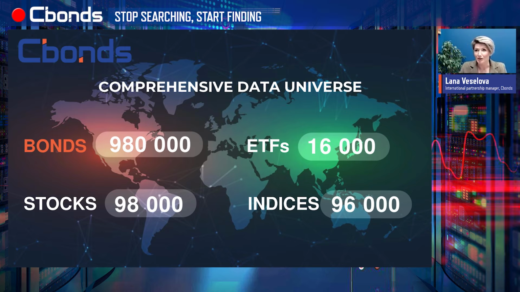This is our key business, and of course today we'll cover bond screening, but if you analyze some corporate issues, for instance, it is pretty curious to understand their stock performance. So you can also use our coverage of stocks. Maybe some ETFs, which can be of bond type or maybe stock type.